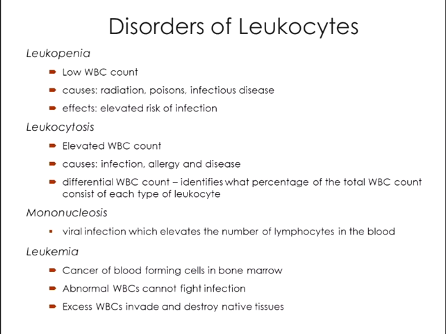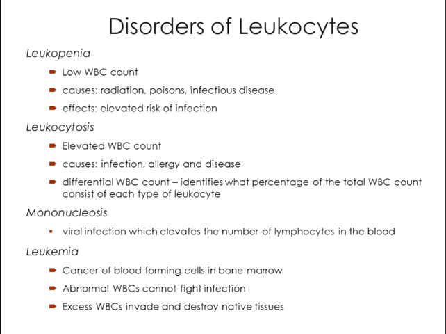Now, there's a mnemonic to remember the leukocytes in order of their level of abundance, and it is: never let monkeys eat bananas. Never let monkeys eat bananas. So never refers to the neutrophils. That's the most abundant type of white blood cell. Let is the lymphocytes. That's the second most abundant.